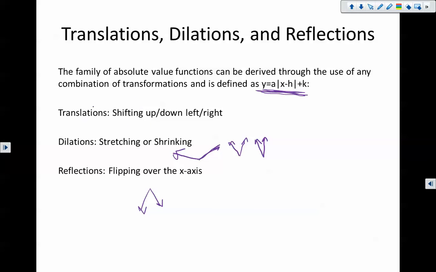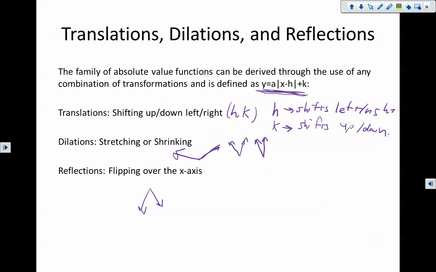The translations, the shiftings up and down and left and right, come from the h and the k. As it turns out, the h value shifts left and right, and the k value shifts up and down.